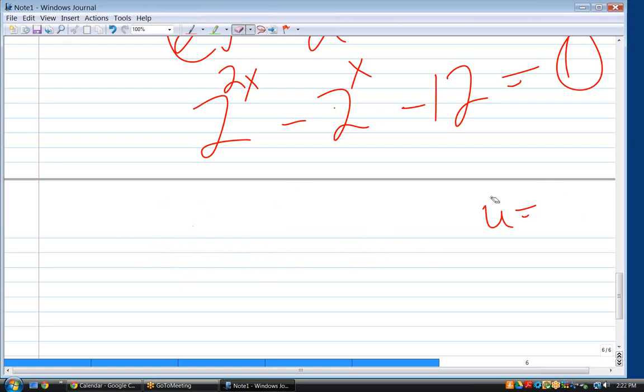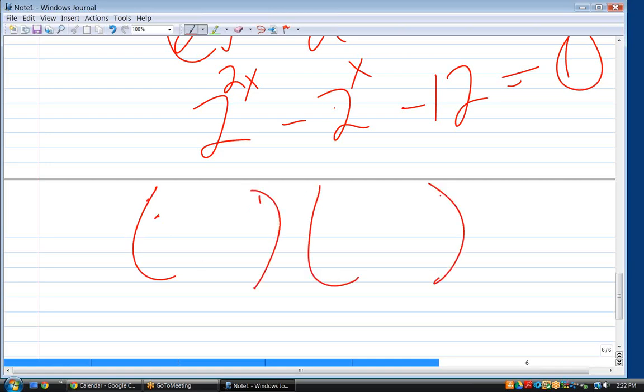I want to let u equal 2 to the x. So how does this factor? This must factor into u minus, let's see, we need factors of 12 that subtract to 1.